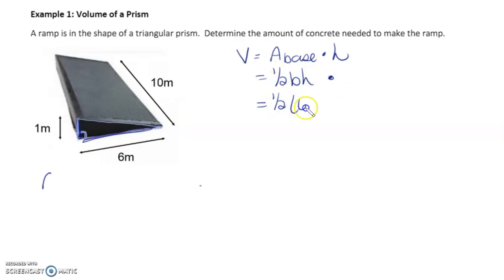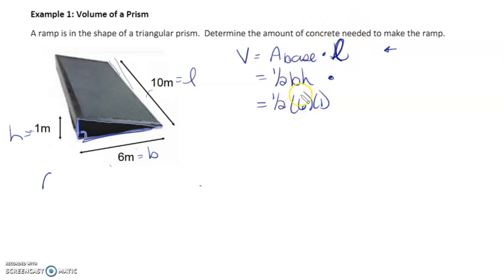So half of 6 times 1. Now, let's call this L for length, okay? And this is going to be base, this is going to be height. It doesn't matter, those three are interchangeable. I'm just trying to go with the formula on the first page and not double use one of the variables.